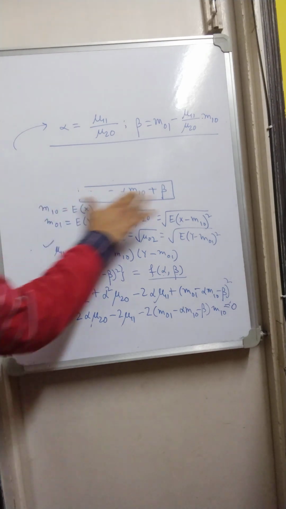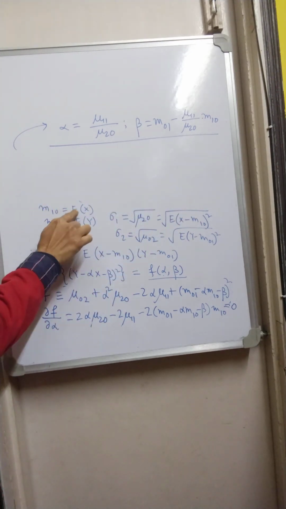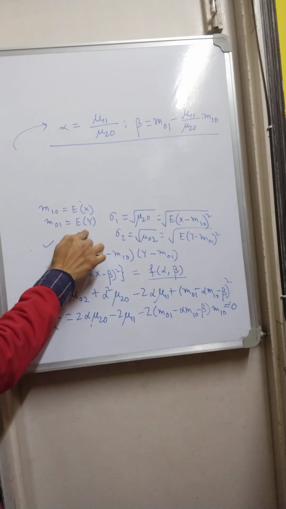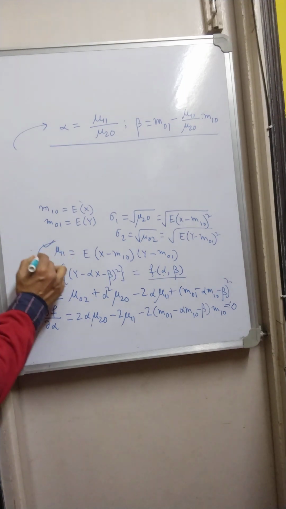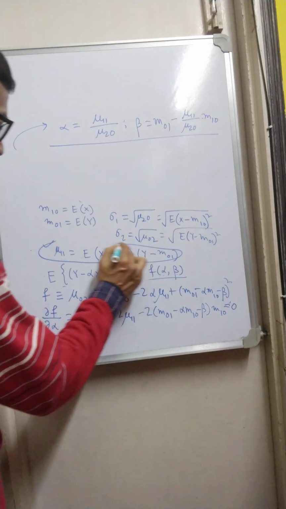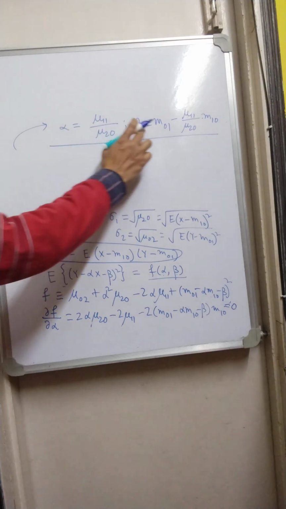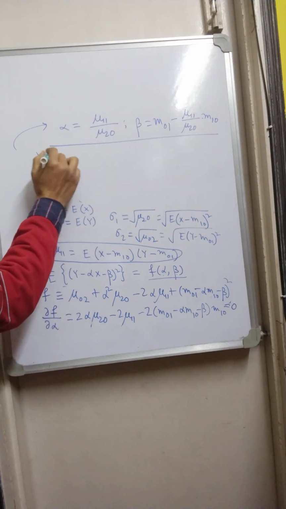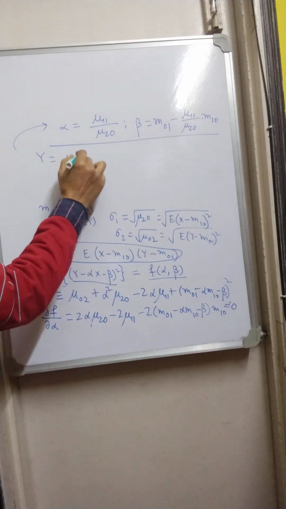So with this notation, where m10 is expectation of x, m01 is expectation of y, sigma 1, sigma 2 are the standard deviations as we write, and mu 11 is termed as covariance, we have this value of alpha and beta, which gives the best regression line.